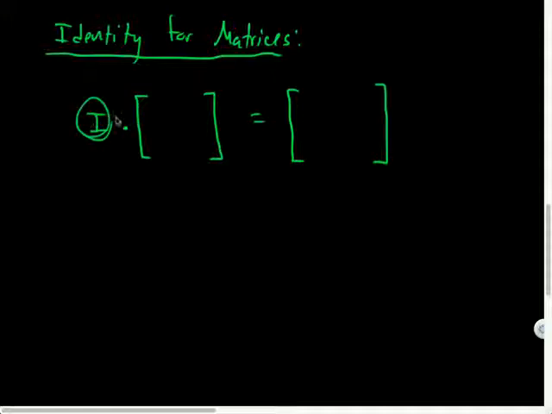But I'm trying to think of this identity is itself going to be a 2 by 2 matrix, because that's, right, the inner numbers would have to match, right, for multiplication. And then the outer numbers, I'd want it to give me back a 2 by 2, so it's giving me back the same matrix, right? Is what I'm looking for. So what would this identity matrix look like, do you think?